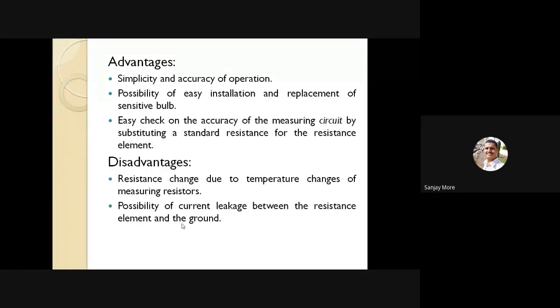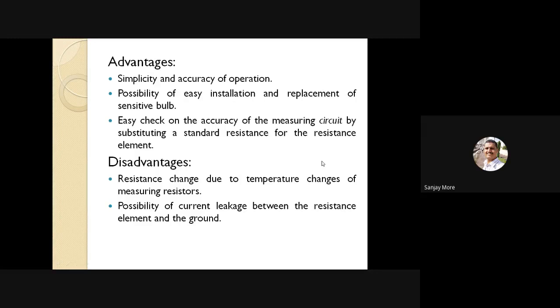These are the advantages of RTD: simplicity and accuracy of operation, possibility of easy installation and replacement of sensitive bulb, then easy check on the accuracy of the measuring circuit by substituting a standard resistance for the resistance element.